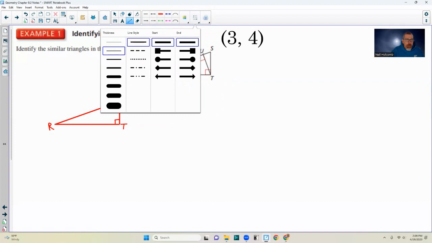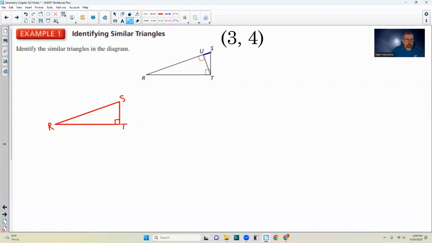This time I will go from U to S, from S to T, and from T to U. That one moved a little on me. Hold shift. It won't let me group three at a time, so let's group two at a time.